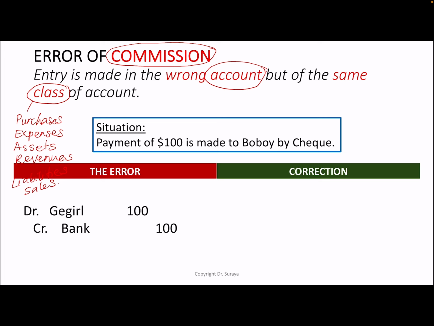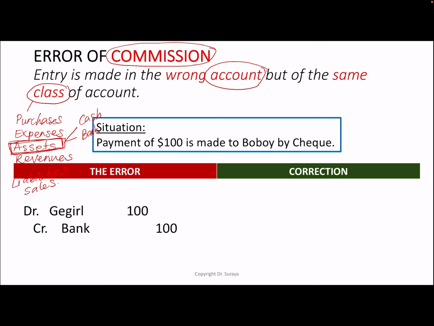Now, wrong account means, for example, it could be under asset account. Okay, it belongs in the same class of account but different accounts, like cash and bank. So cash and bank are different accounts but they belong in the same class of account.